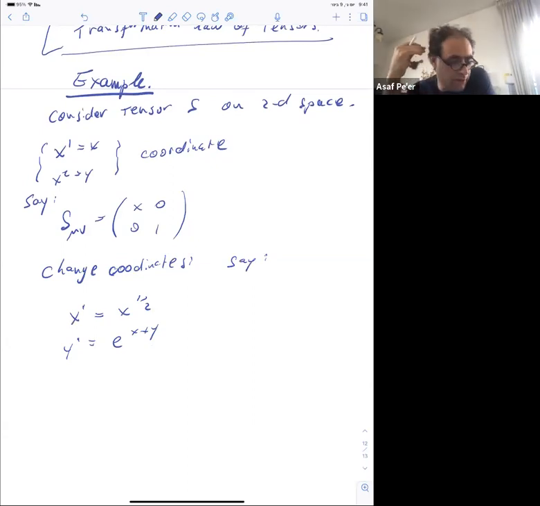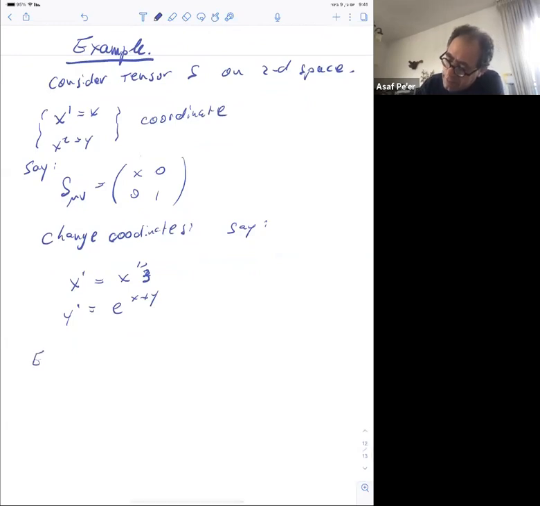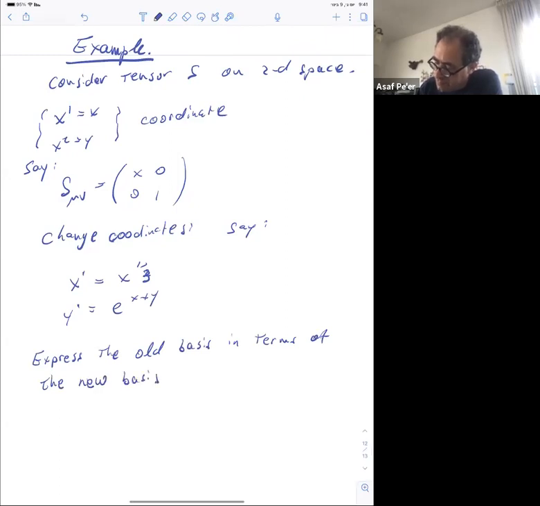Now we can express the old coordinates x mu in terms of the new ones, x mu prime.